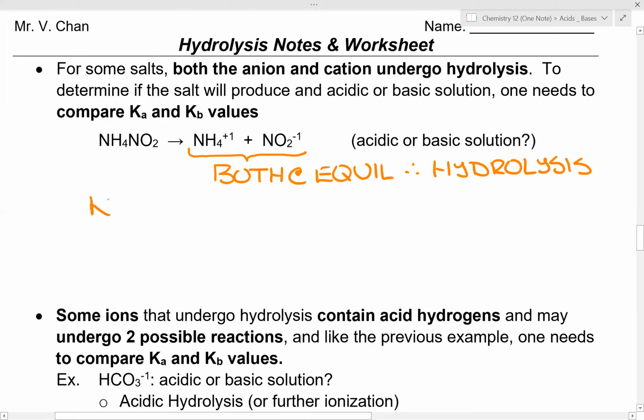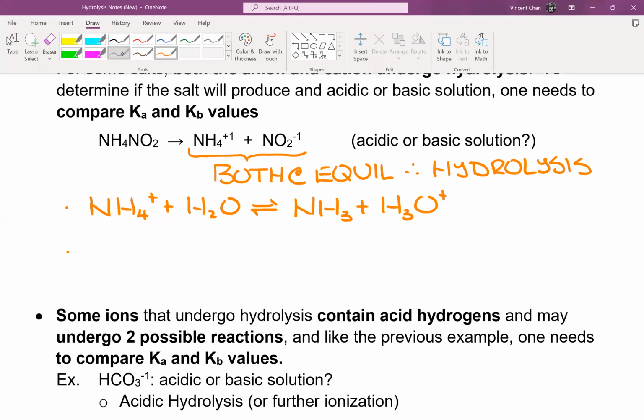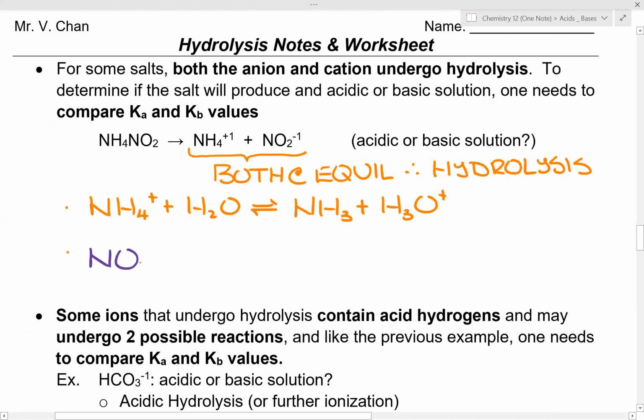We have NH4 plus and water in equilibrium with NH3 and H3O plus. And the other reaction, I'll put that in a different color, is NO2 minus 1 and water, and what we have is HNO2 and OH minus 1.